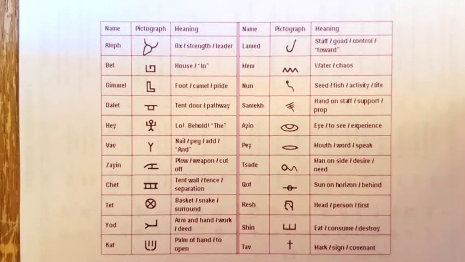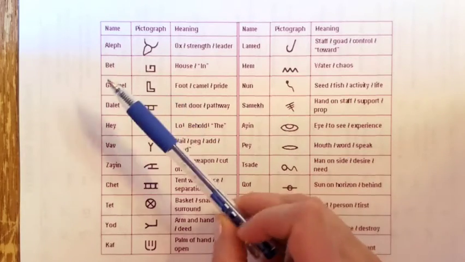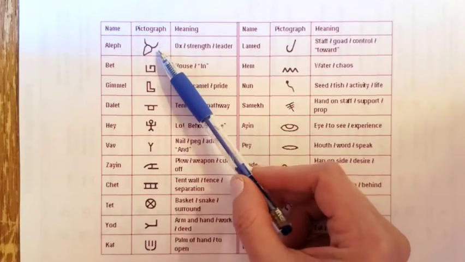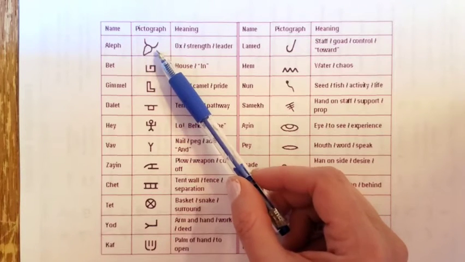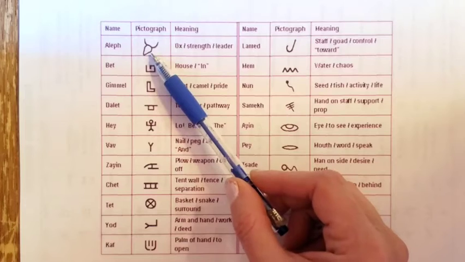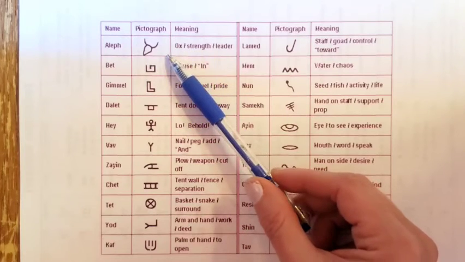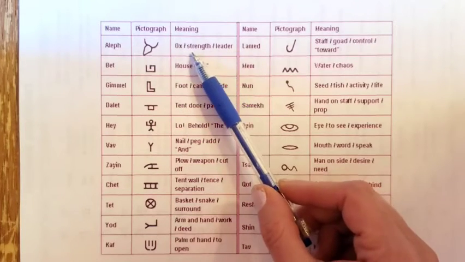All right, and this is another chart that I will link down below for you. This one shows what the original letter looked like in Paleo Hebrew. It was like a little drawing. And then each letter itself had a meaning.